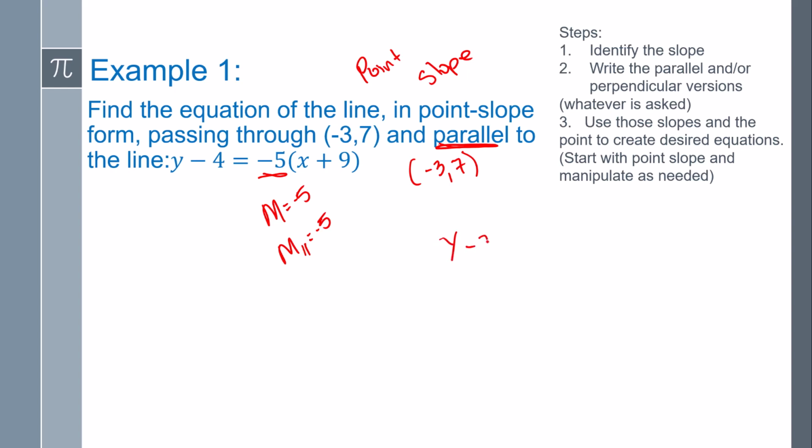Y minus y1 equals my slope times x minus x1. Negative, negative is a positive. There's my equation of the line. Now, if it asked us to do it in slope-intercept form or any other form, then we would manipulate it. But we always start with the point-slope form.